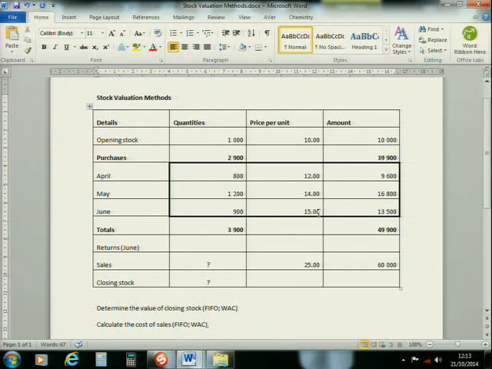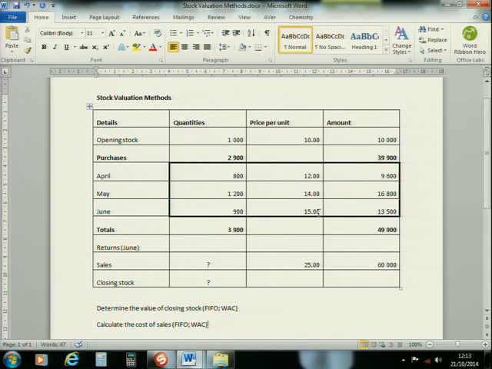And using weighted average cost, what you need to do is to determine the weighted average cost price. And how do you get that? You divide the total value of your stock by the number of units bought. Then you've got your weighted average cost price.